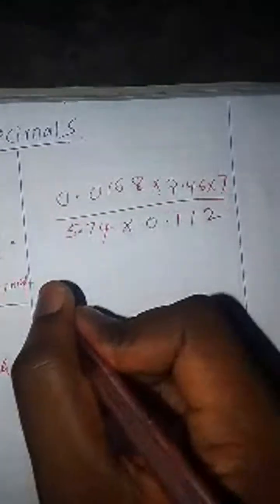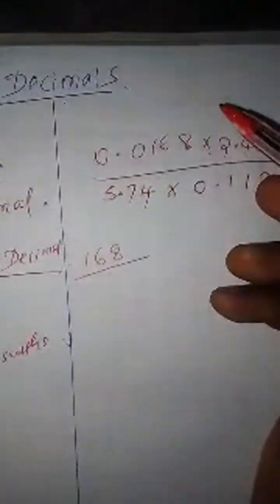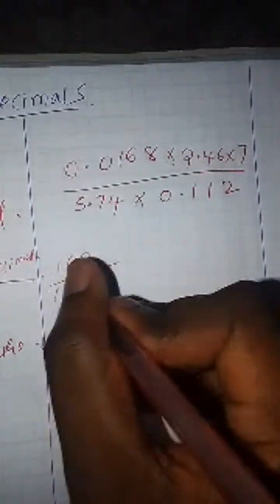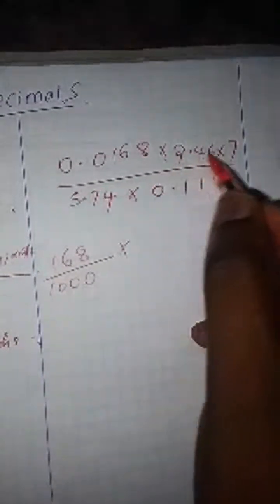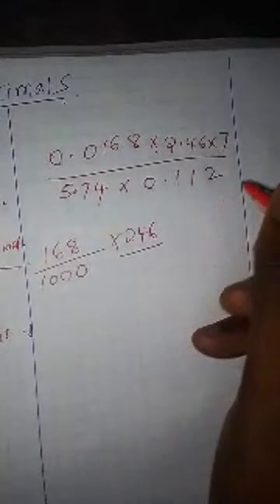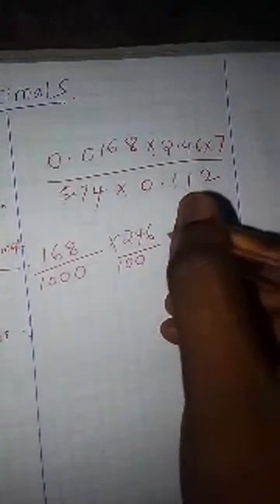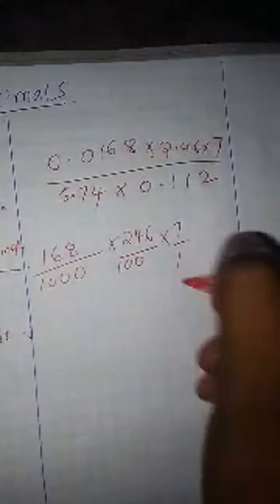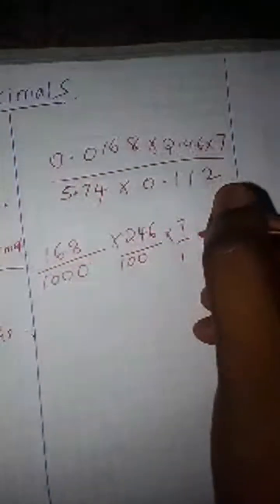We have 168 all over, how many zeros do we have here? 1, 2, 3. So we put 3 zeros, multiplied by 246 over, how many zeros do we have there? 1, 2. So we have 2 zeros, multiplied by 7. The 7 is just 7 over 1.